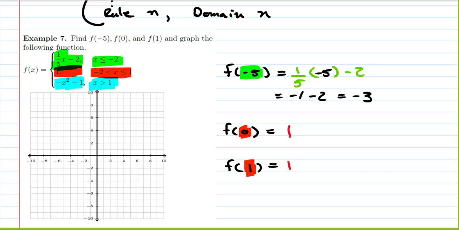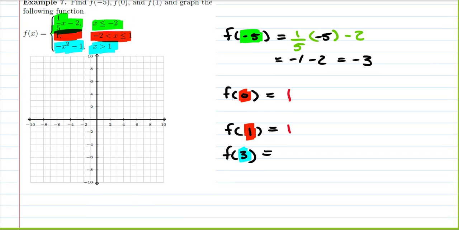So just as a bonus for this one, if I said find f of 3, which colored domain would 3 belong to? Well, 3 is not less than negative 2. 3 is not bigger than negative 2 and less than or equal to 1. 3 is bigger than positive 1. So 3 would belong to the blue domain, which would mean it would go into the blue rule.